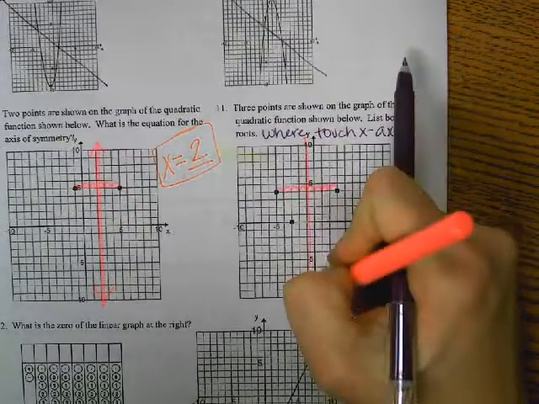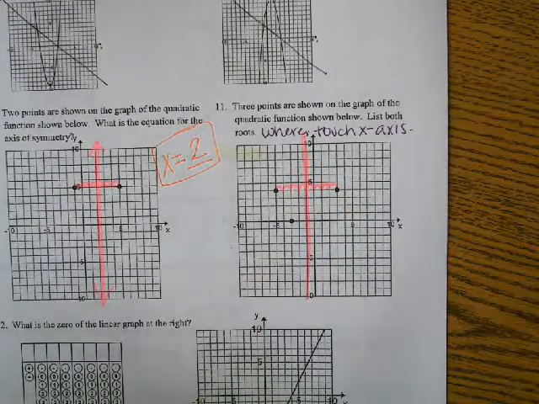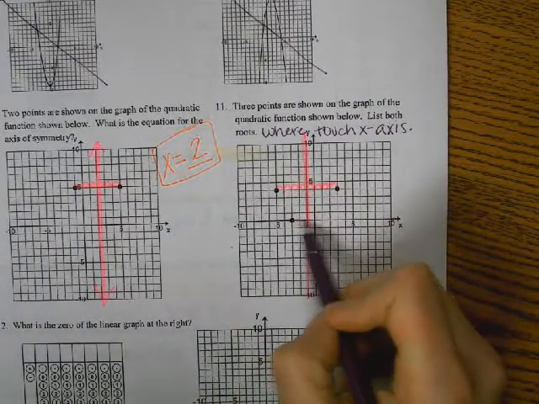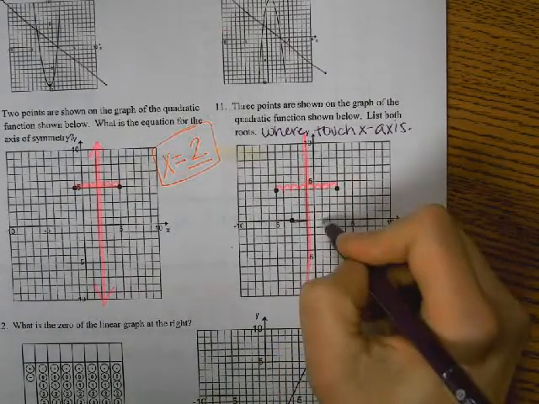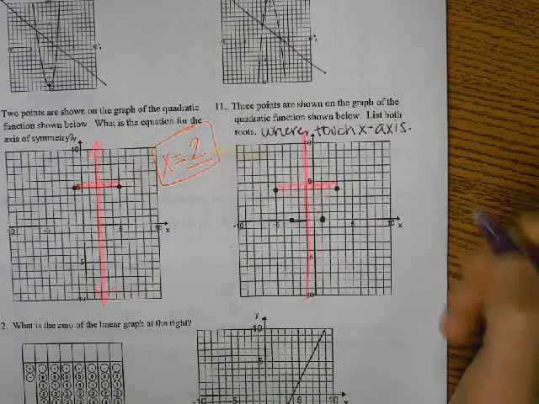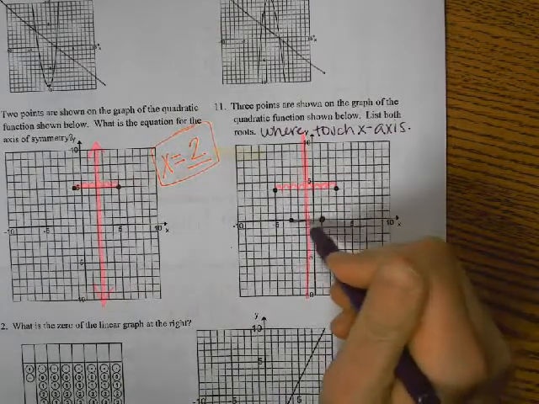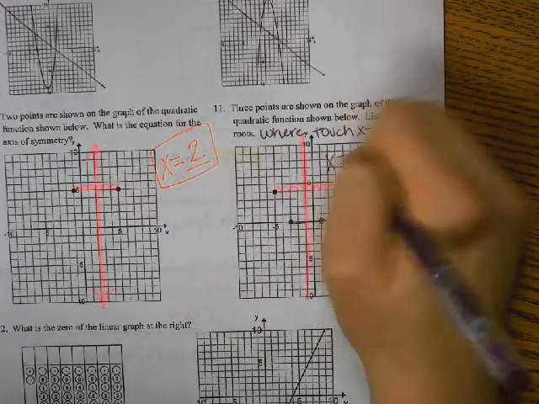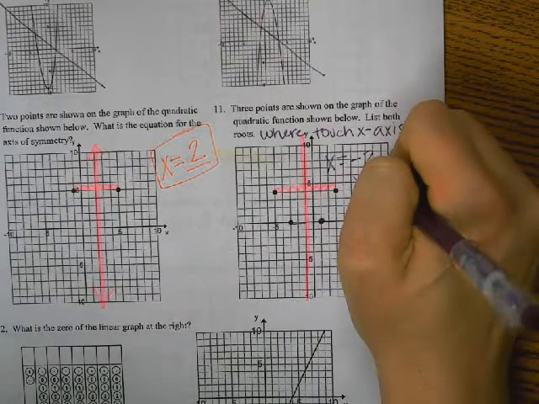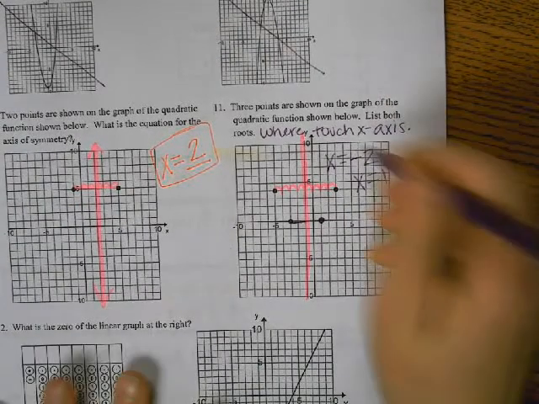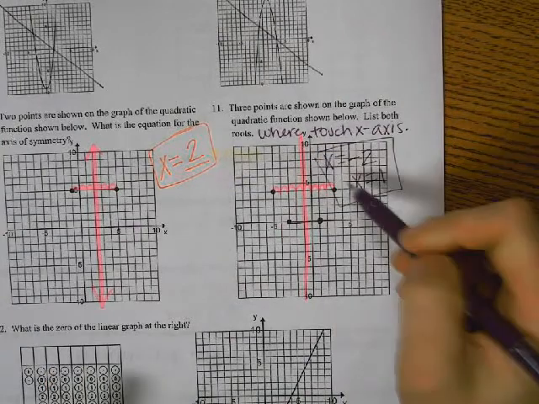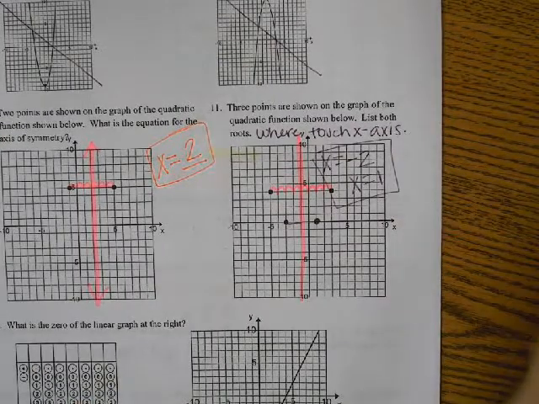So the middle's probably right there. If this is the middle, this is equal distance from the middle. It's a matching point on the other side. So the roots are at -2 and +1. Remember, you could write those as one little sentence, x equals -2, comma, and then also 1 if you would like to.